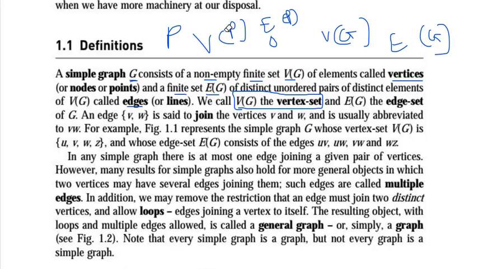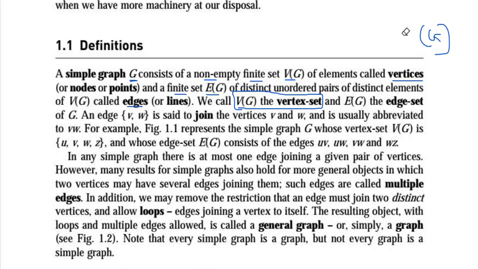In the last lecture we only discussed vertices and edges, but here we say that V of G is a vertex set, and E of G is called the edge set. It is a set of all the edges and vertices available in the graph.